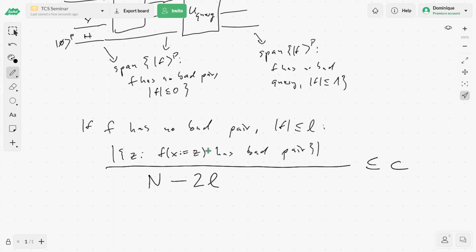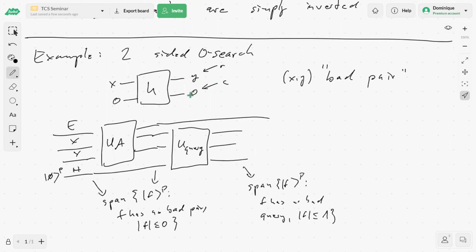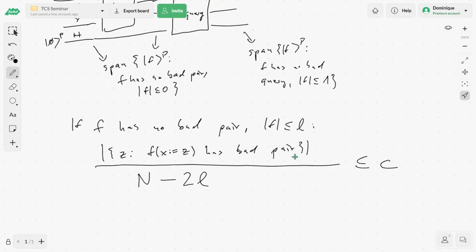Something can only be a bad pair with Z if it ends with C zeros, because a bad pair has to end with C zeros. So the only Z's that make a bad pair are the ones that end in C zeros.